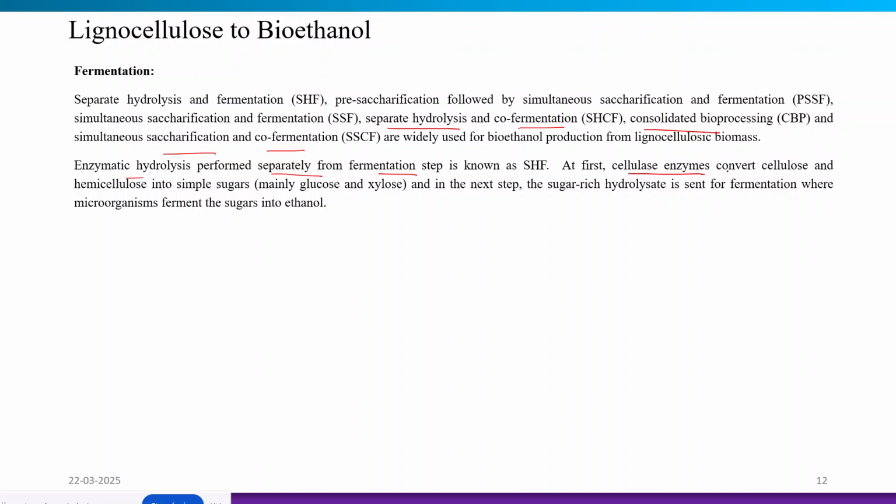Here the cellulase enzyme first converts the cellulose and hemicellulose into simple sugars, and in the next step the sugar-rich hydrolysate is sent for fermentation, where the sugar is fermented into ethanol.